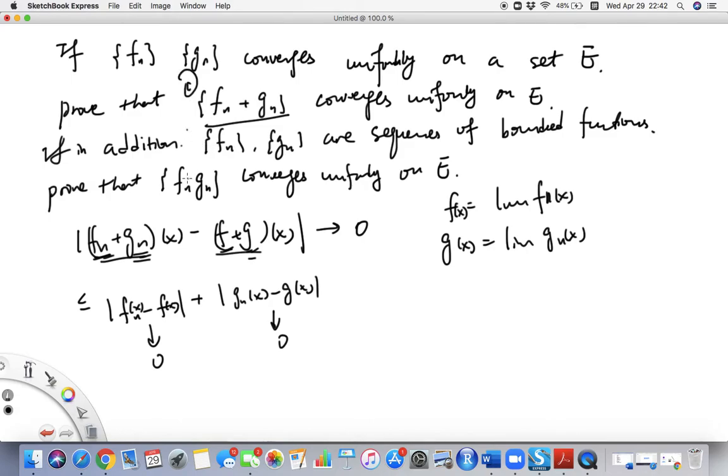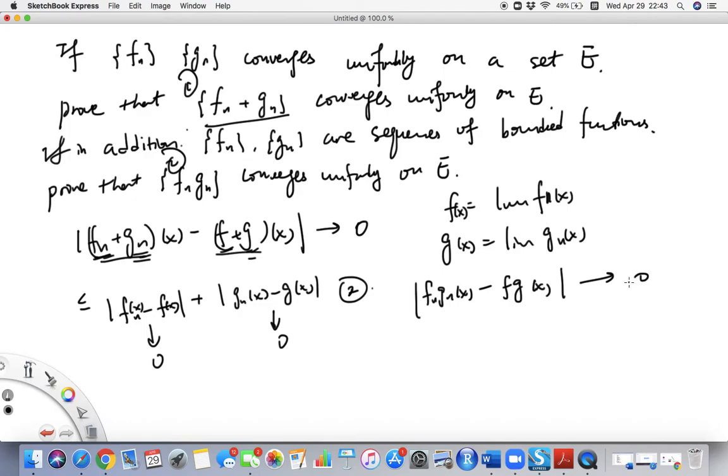Now for the second part, so how do we do that? Again, same idea. Intuitively speaking, fn gn of x should go to f times g of x, right? So we want to show that goes to 0.